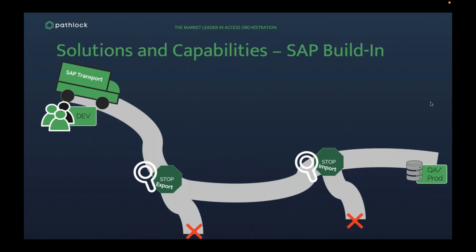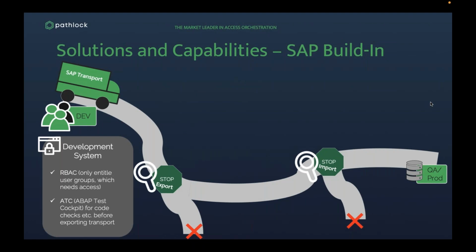Next, please. What I want to show you now are the capabilities of the SAP built-in tools, where you can do some transport control, some transport scanning, but it's a little bit limited. But let's start. So next.